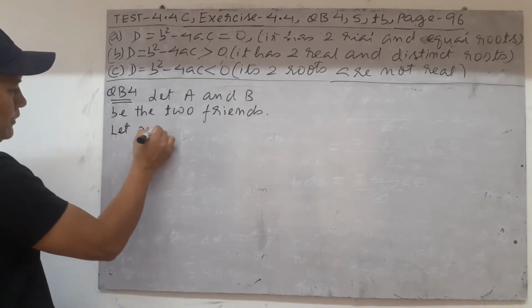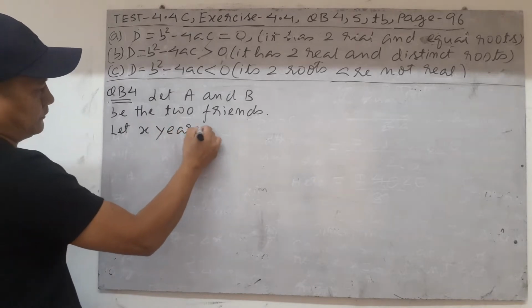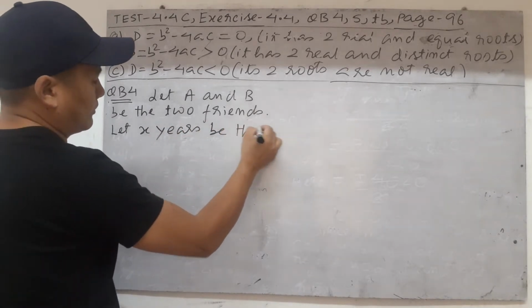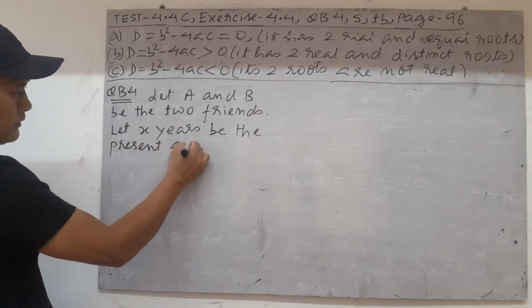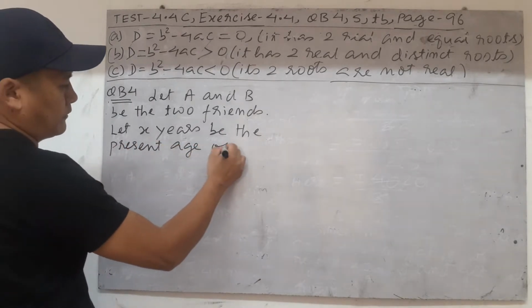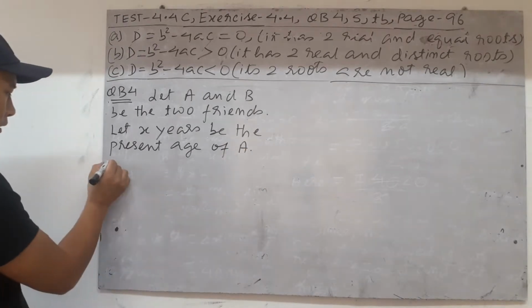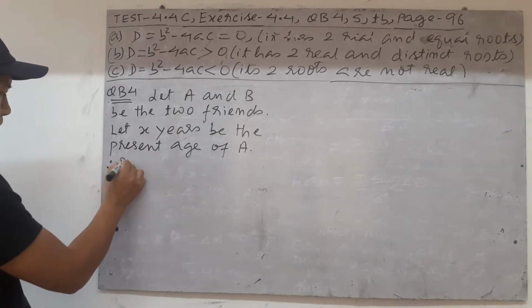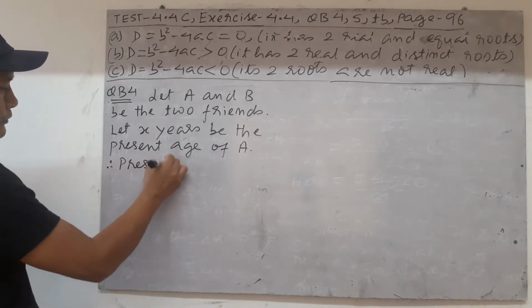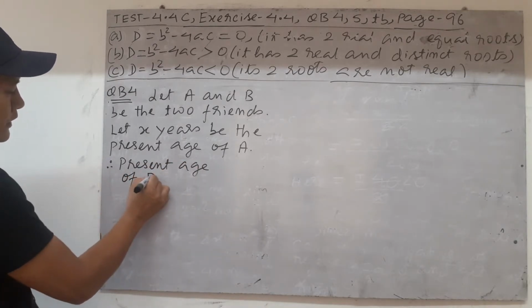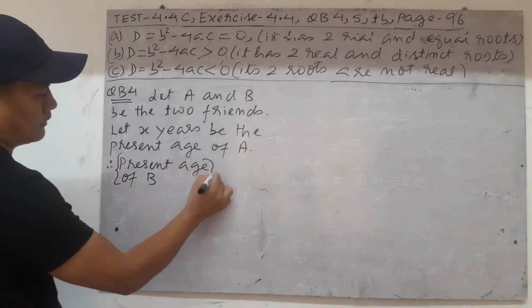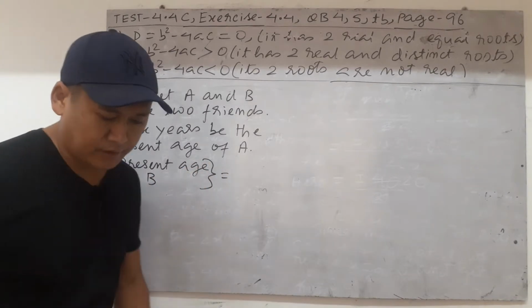Let x years be the present age of the first person A. Therefore, the present age of the other friend B will therefore be, it's given in the question, I think.